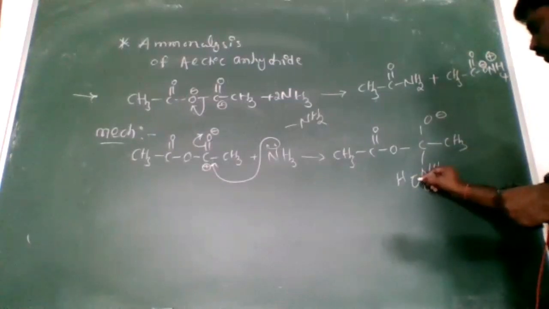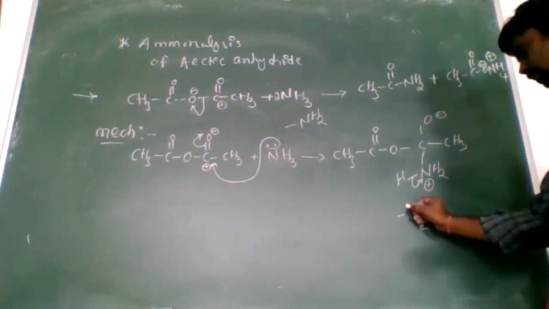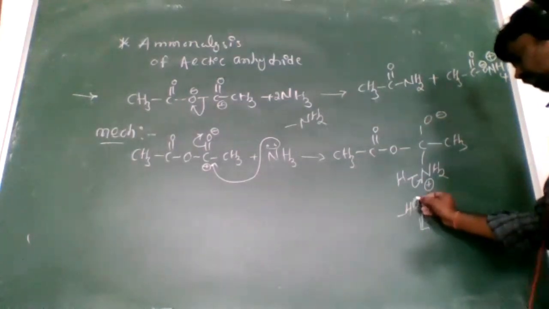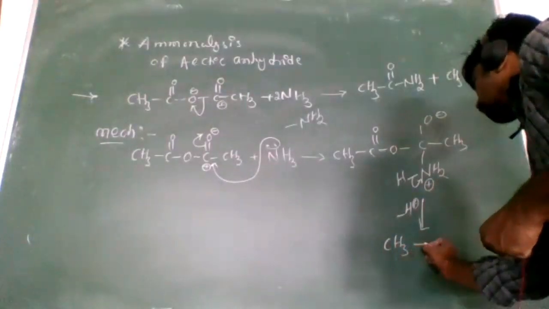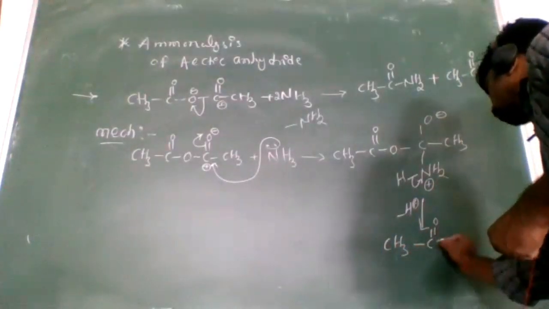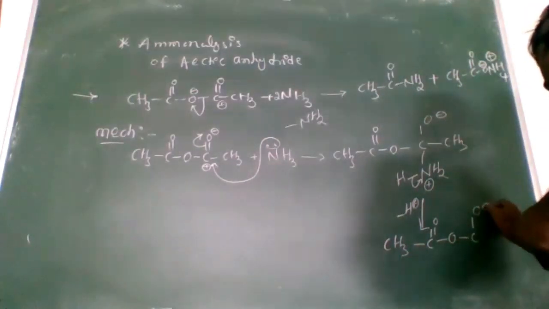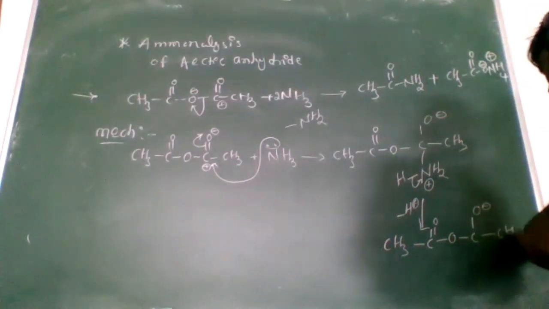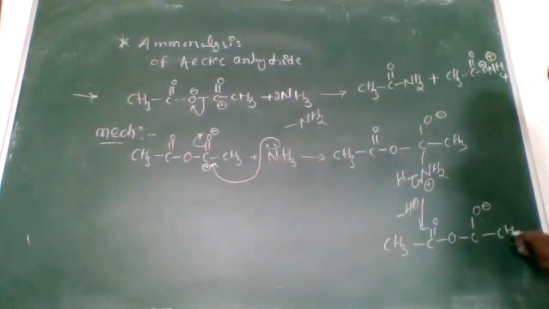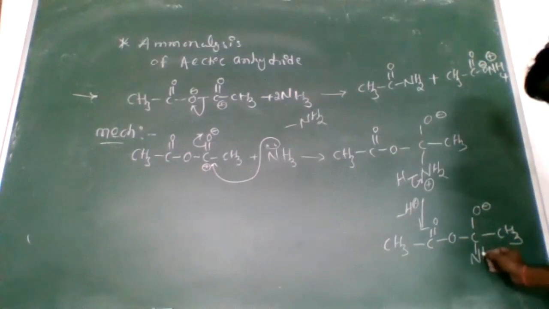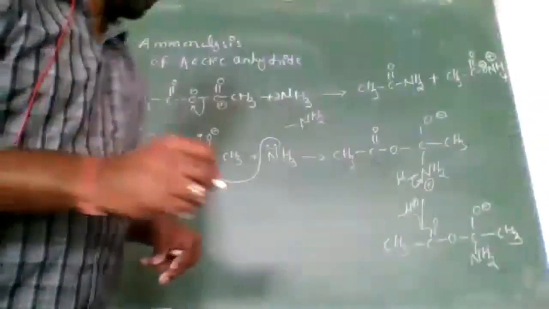So this hydrogen gives the electron to the nitrogen. Now here, minus H plus ion remains. CH3 C double bond O, here is an O minus. Here is a CH3, and next one here is a CH3. Here is an NH2. Right, now next one in the next step.